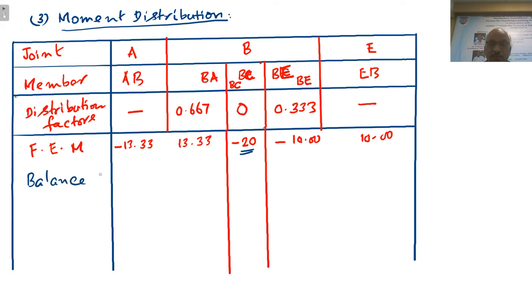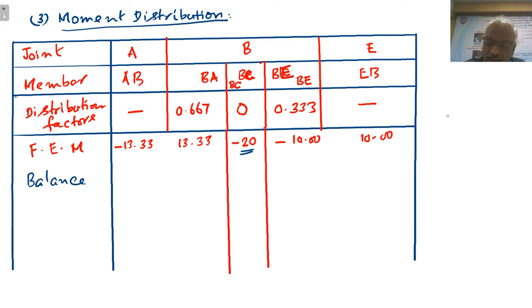So A, there is no question of balancing, there is only one member. E, there is no question of balancing, there is only one member. One member at the joint E. Now coming to joint B, there are three members.